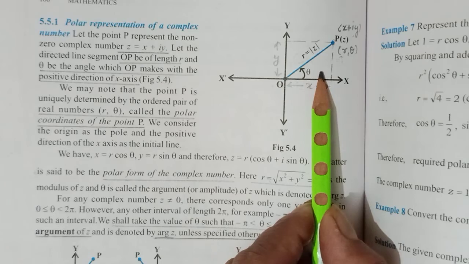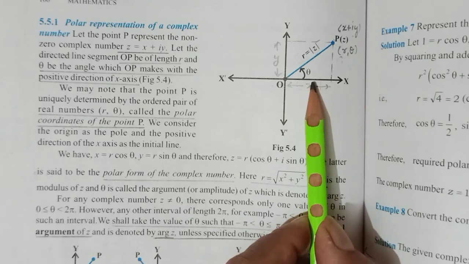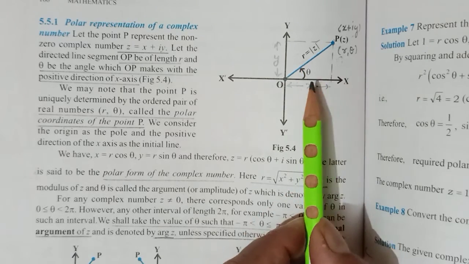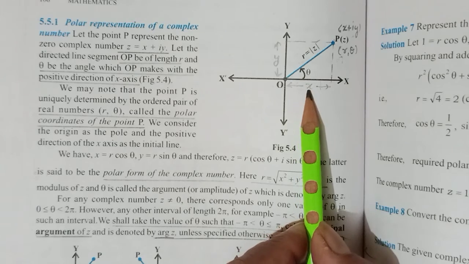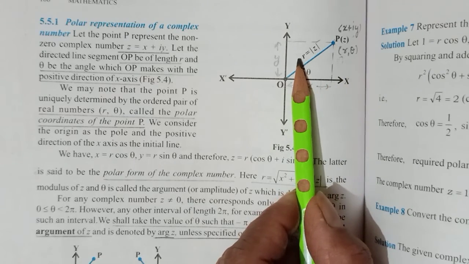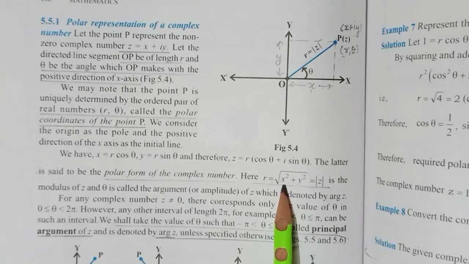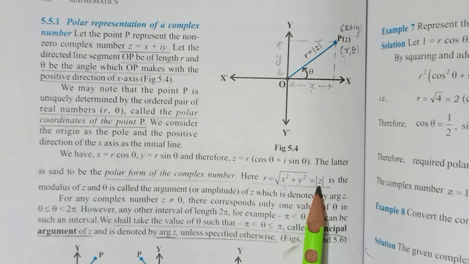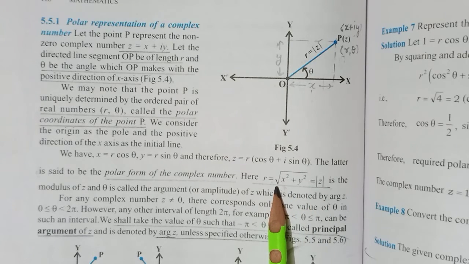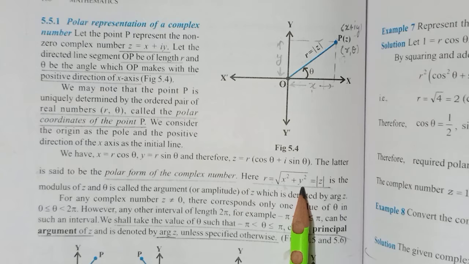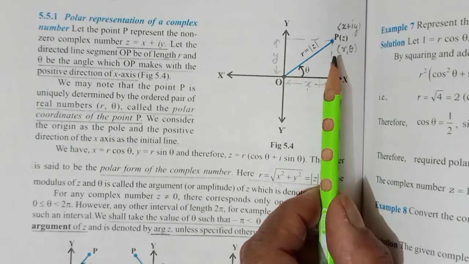So if you see, you are getting a right angle triangle here. This r is the hypotenuse of this right angle triangle, so x square plus y square will be the square of the length r. That is why this r, which is modulus of z, is equivalent to under root of x square plus y square. That is how it comes. Okay. And now for evaluating theta.